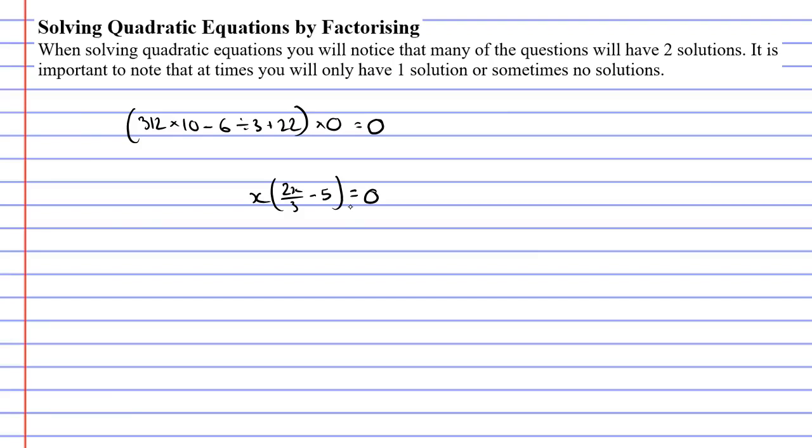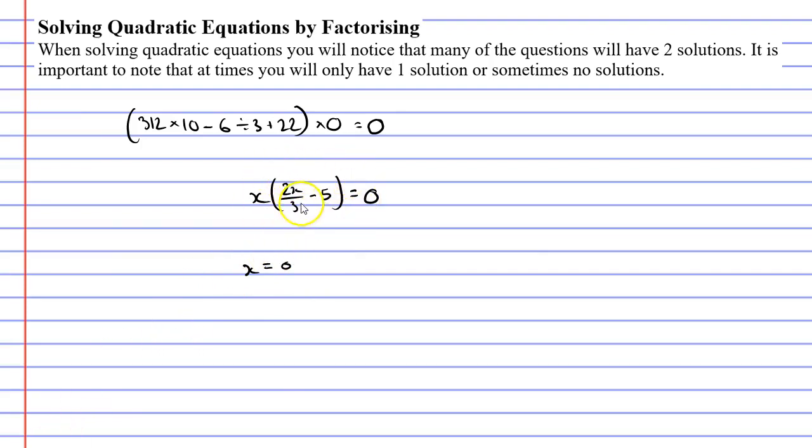It really didn't matter what was in the brackets, because once I multiplied this by 0, I got 0. So what I have here inside the brackets is actually irrelevant at the moment, because if I make x 0, then I'm multiplying this set of brackets by 0, and I'm going to get a solution of 0. So I can write down that x equals 0. Now there's actually going to be a second solution here, but it's comforting to know that one of the solutions is really easy to find.